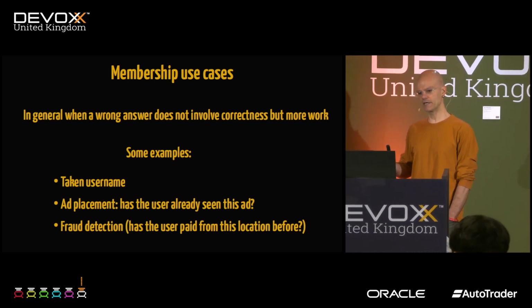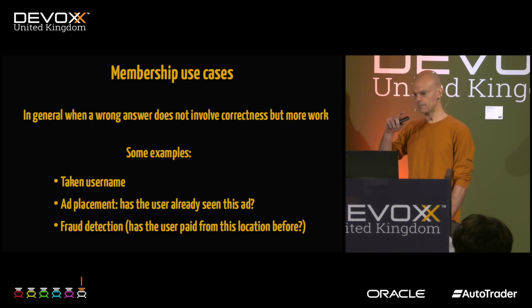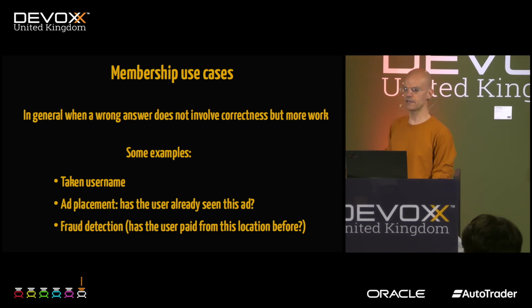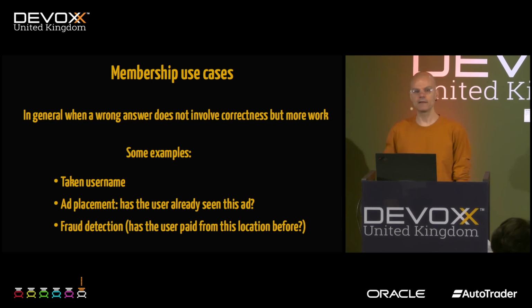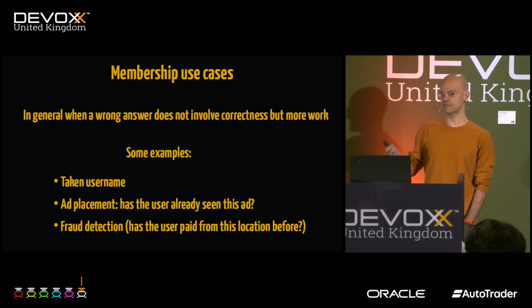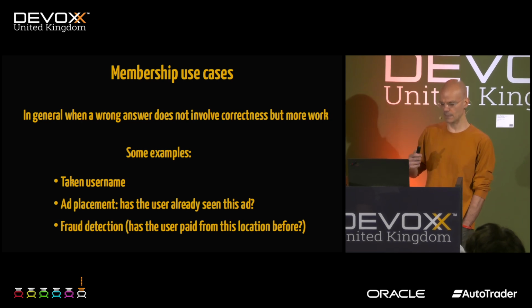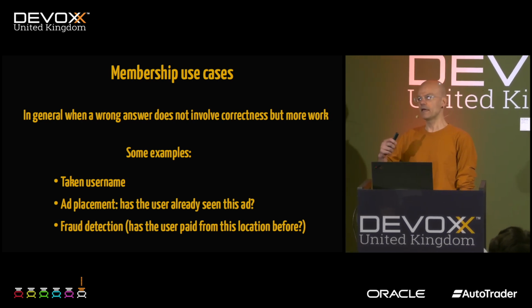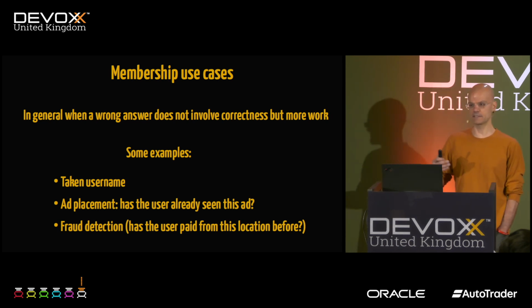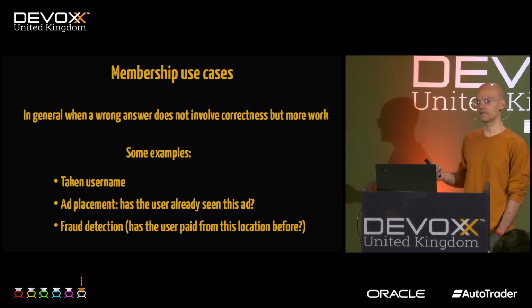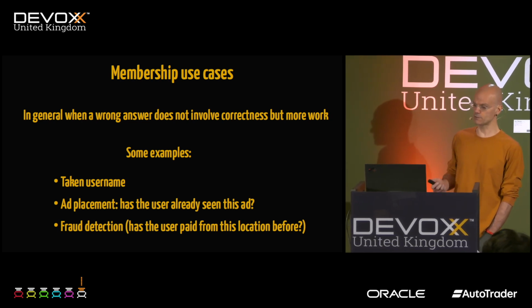If we want to check if the username is already taken, we can use a probabilistic data structure that can give us a false result. So let's say we're asking, is this user already registered? Then the data structure will tell us, yes, it is, but actually it's not. So it's a false positive.